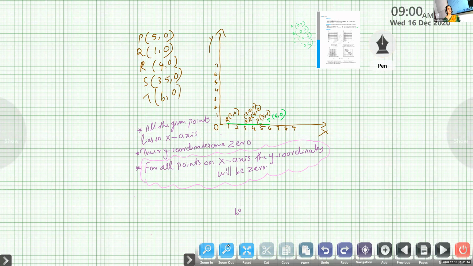Okay. Now, we are going to draw some graphs connecting this dependent variable and independent variable. Okay. So, write the first question.